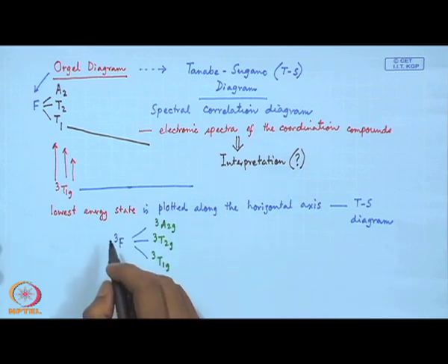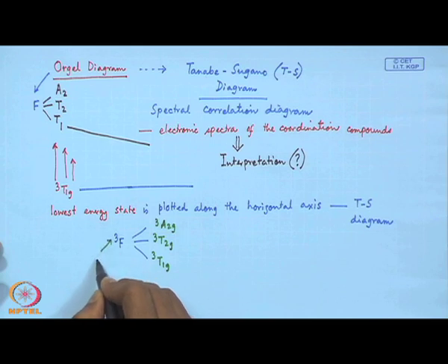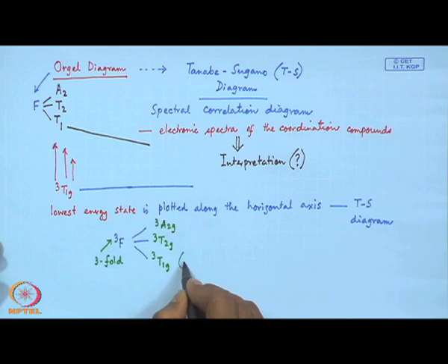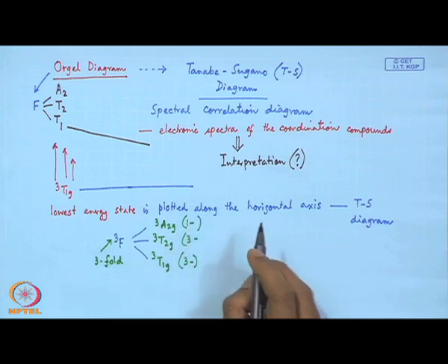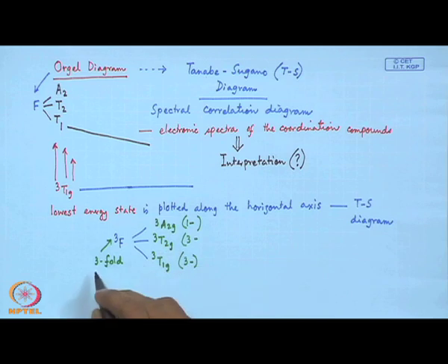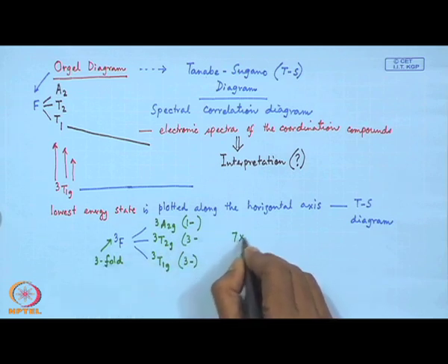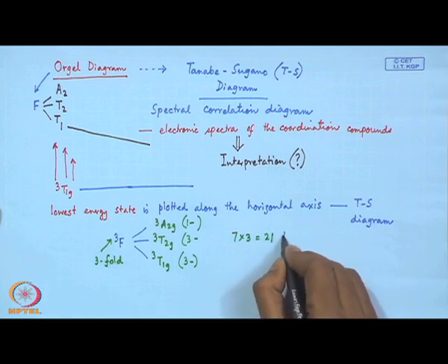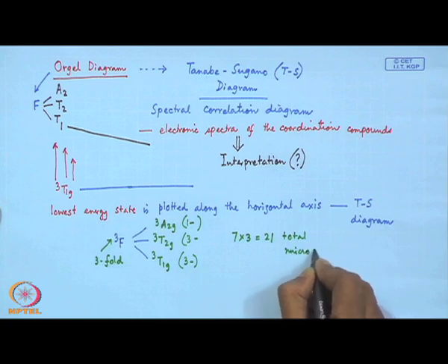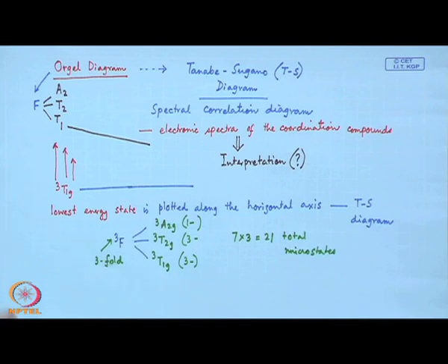So, the spin is 3-fold, but the orbital here is threefold, this is threefold and this is one fold. So, altogether we have 3, 3, 1, that is 7, into 3. So, 7 into 3 is equal to 21 total microstates we can get out of this particular term.